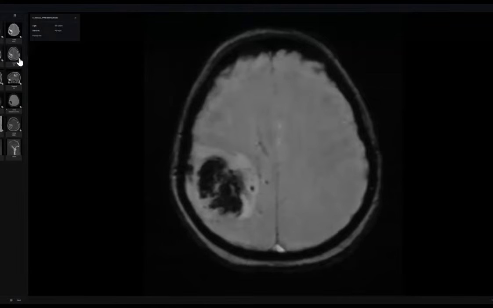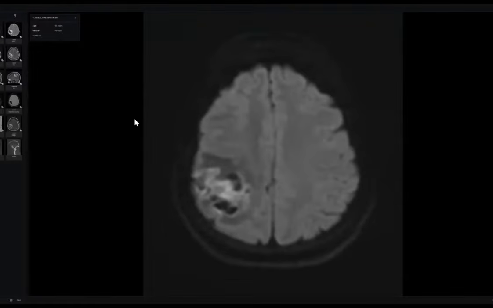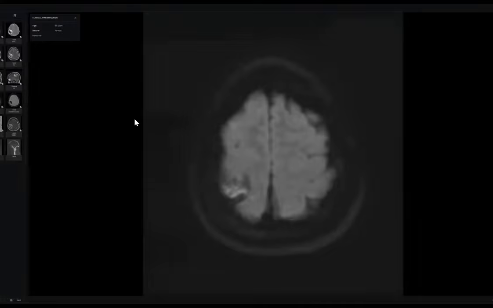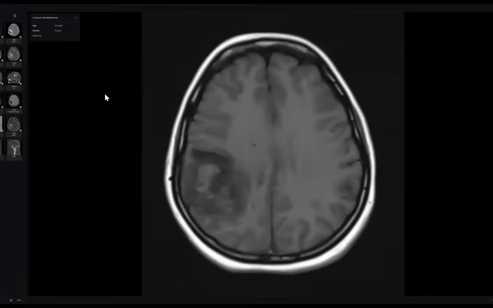Okay, so final diagnosis, this is a hemorrhagic infarction due to what? Due to this structure, which we see in T1. And this MRI indicates the importance of, where is T1? This T1.